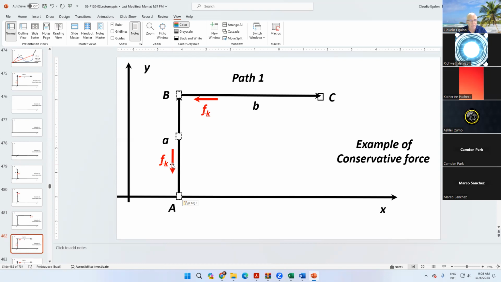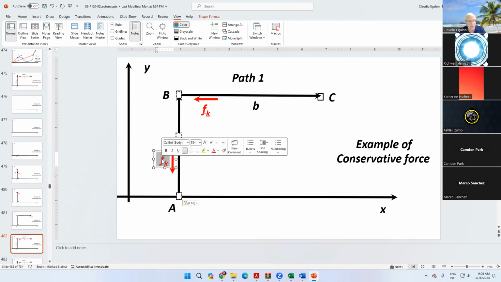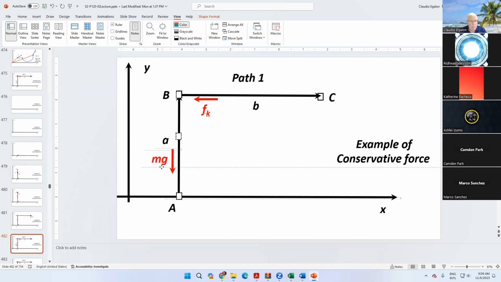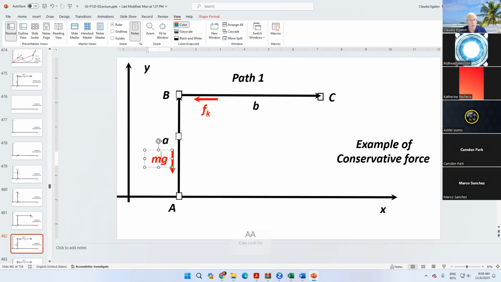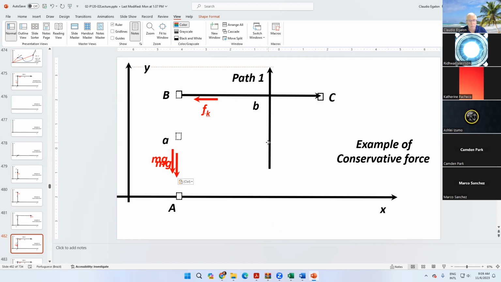We do not have the force of friction here. Instead, we have the mg here, right? We also have mg here as well.